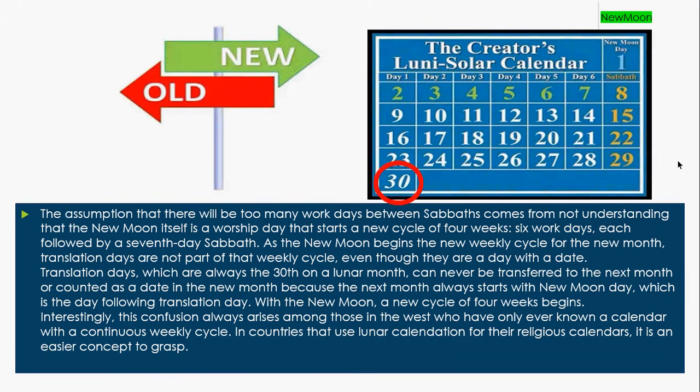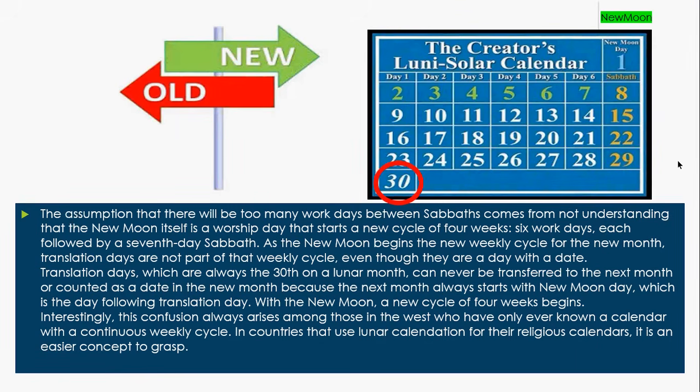As the new moon begins the new weekly cycle for the new month, translation days are not part of that weekly cycle, even though they are a day with a date. Translation days, which are always the 30th of a lunar month, can never be transferred to the new month or counted as a date in the new month, because the next month always starts with New Moon Day, which is the day following Translation Day.